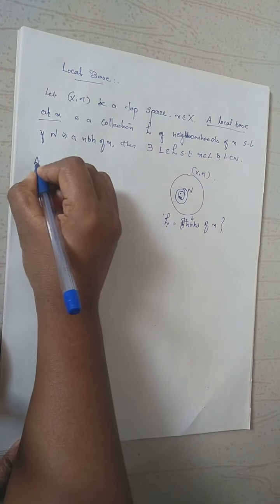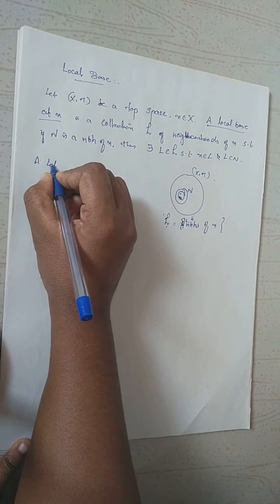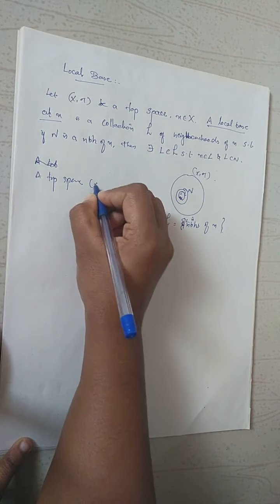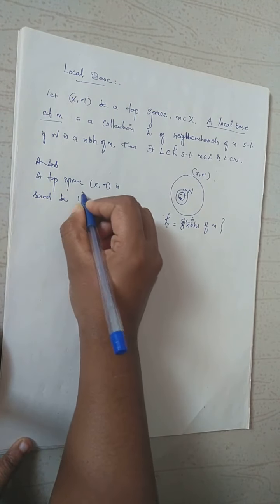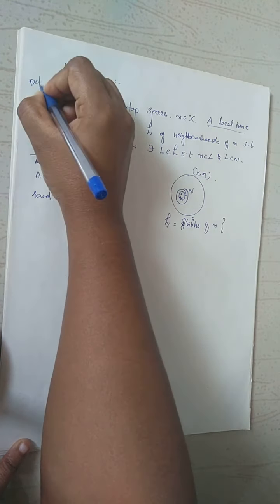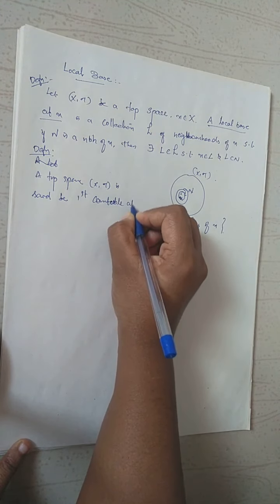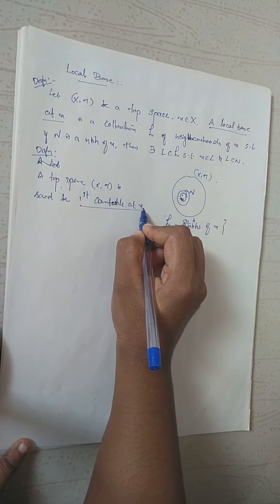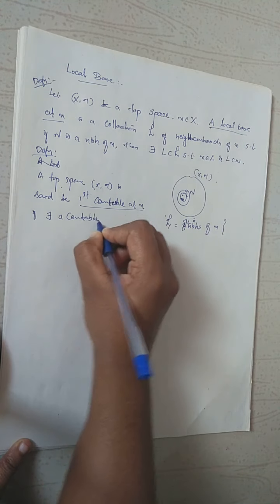Now, a topological space (X, τ) is said to be first countable at x. This is another definition. A topological space is said to be first countable at any point x if there exists a countable local base at x.